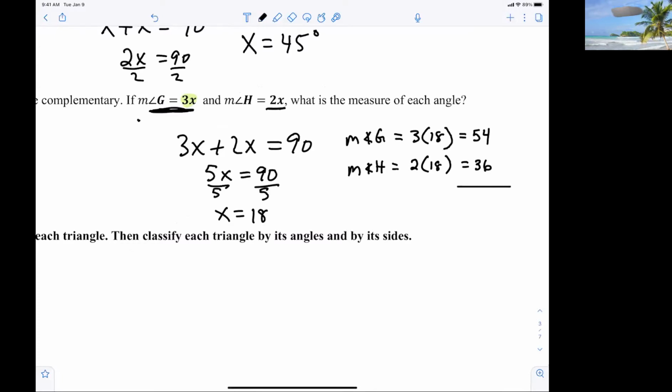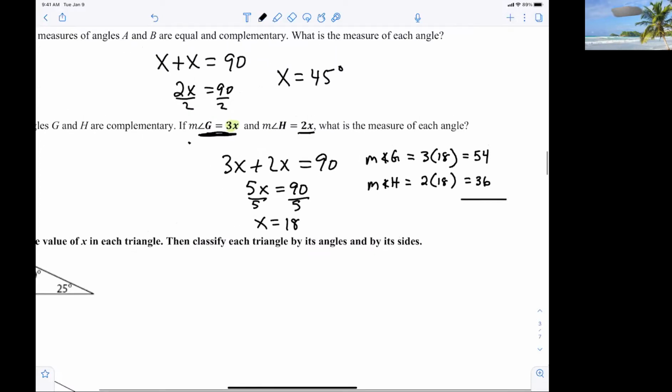Now, what do you think? What's going to happen if I add 54 and 36? What do you think I'm going to get? Yes, that's correct. Tell me. You mean 90 minus 54? Yes, you can do that. Absolutely. All right.